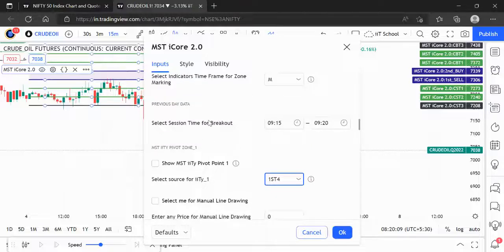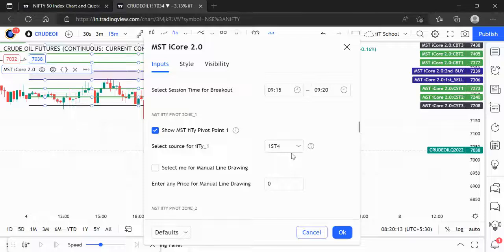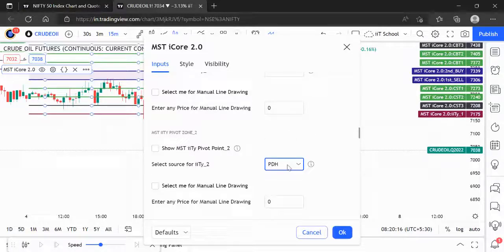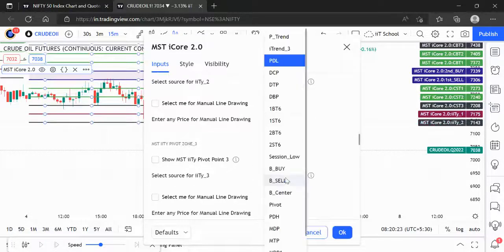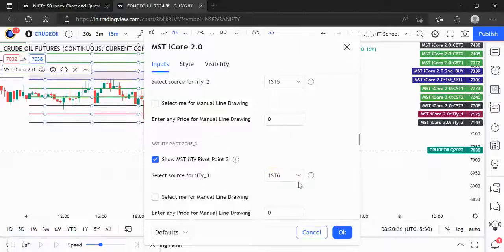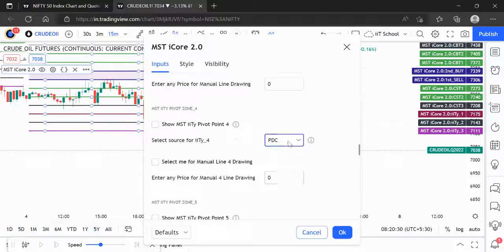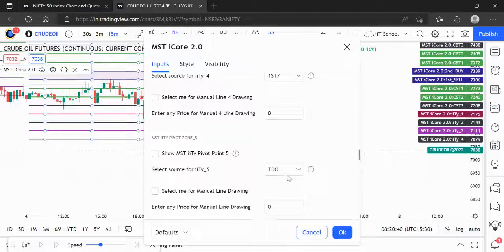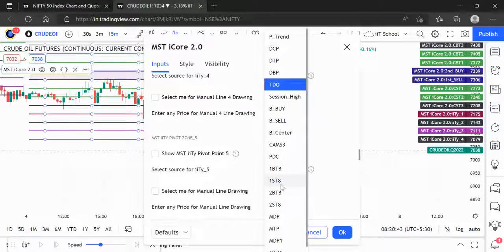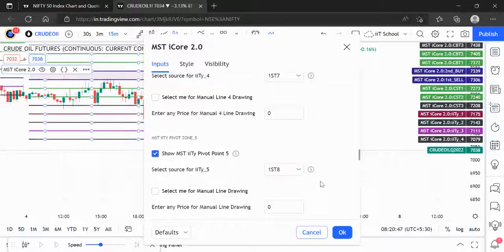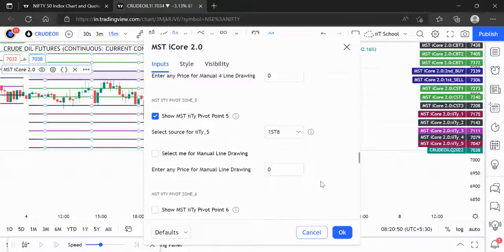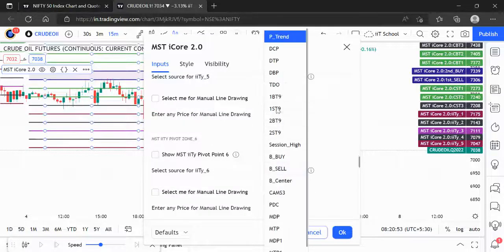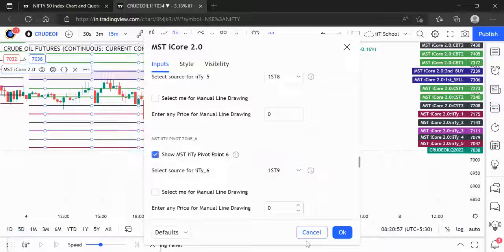Next, enable first sell target 5 and enable IIT pivot point 2, and come down, enable first sell target 6, enable IIT pivot point 3, and first sell target 7, enable IIT 4, and enable first sell target 8, enable IIT 5, and first sell target 9 and enable IIT 6.